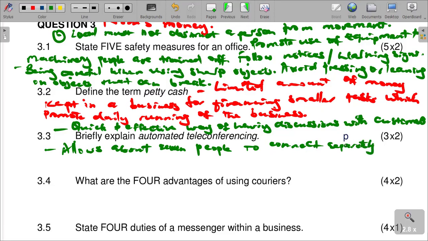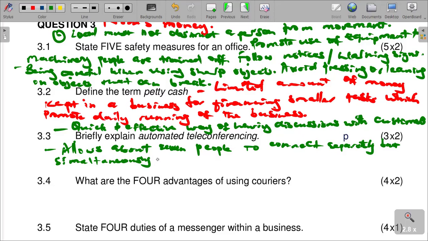Each person can connect on his own, separately but simultaneously, each with his own billing.